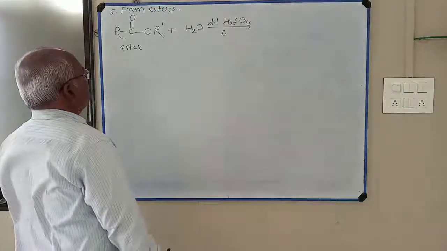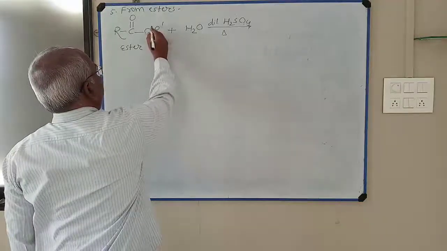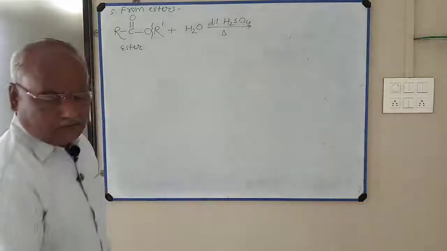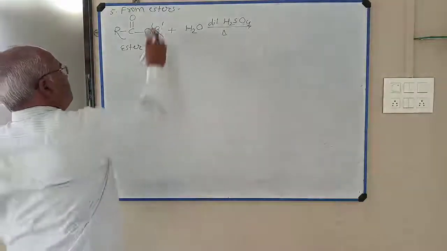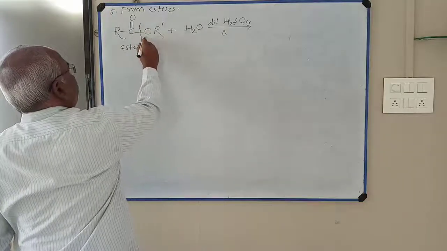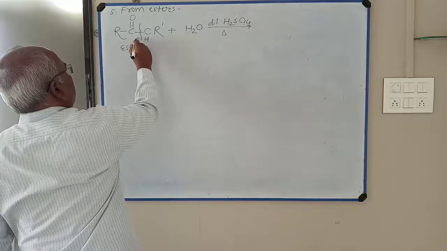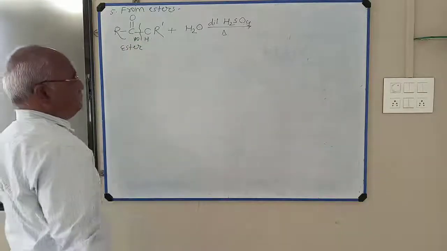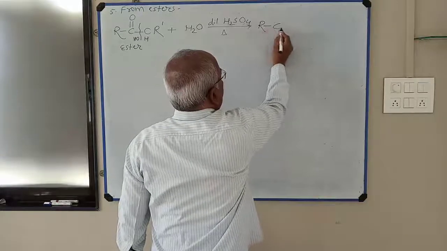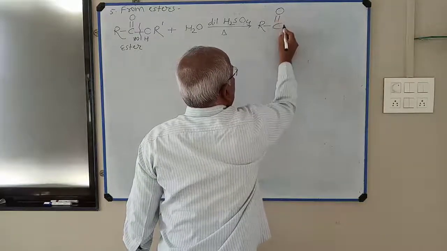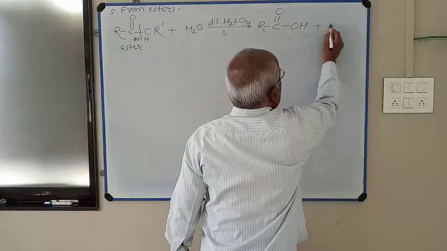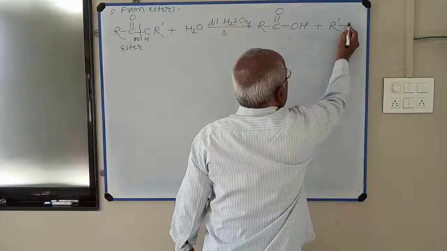The bond undergoes cleavage here. H is added on this side, OH is added on this side, and we get R single bond C, double bond O, OH plus R dash OH.